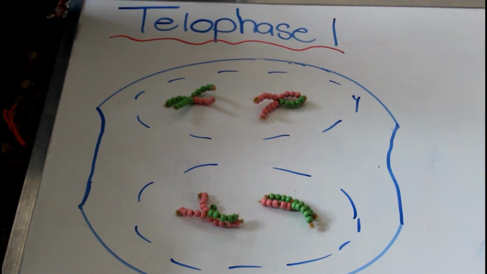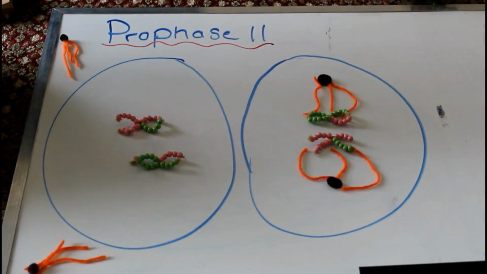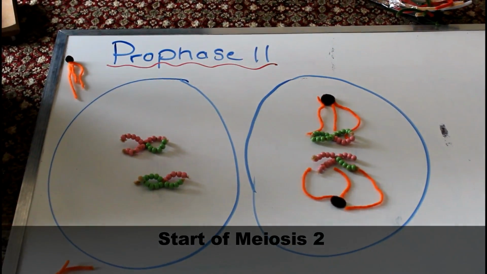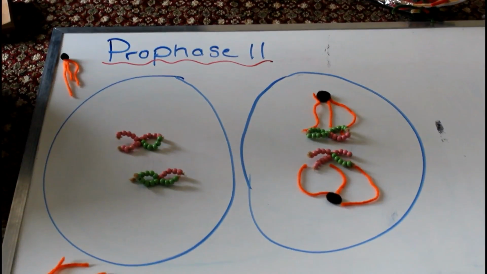Two new cells form. Each of these new cells is now haploid. This is the start of meiosis II. The key difference in meiosis II is that the cells that undergo division are haploid instead of diploid.